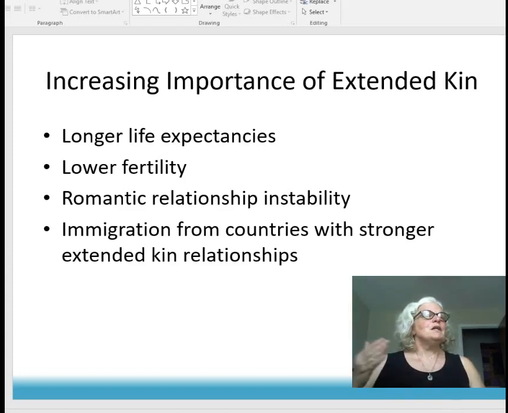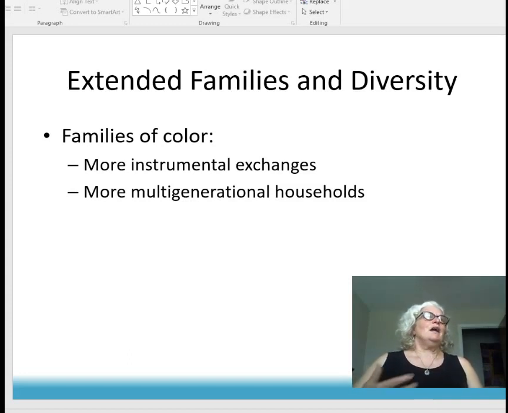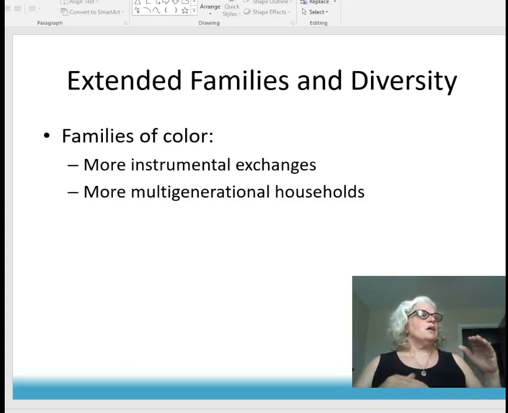But you can see the importance of this strong network that can exist in kinship relations, especially with some cultural differences. Extended families, for families of diversity and families of color, often find more instrumental exchanges, and they often have more multi-generational households, where we see generations living in there.